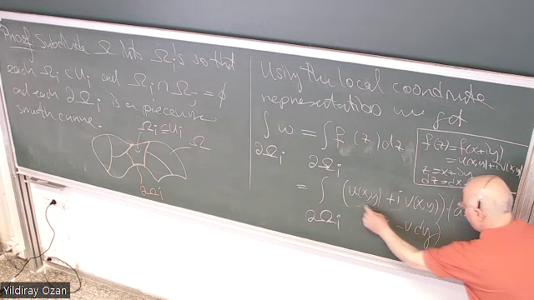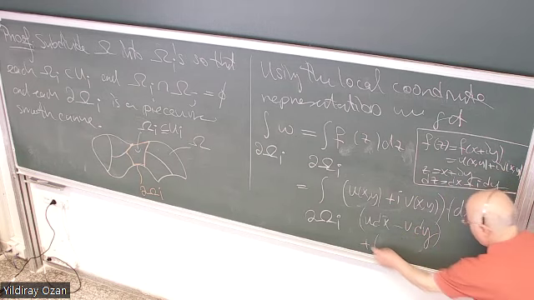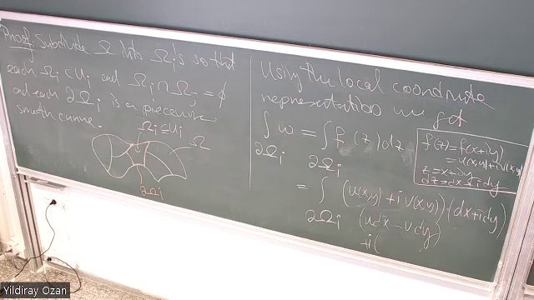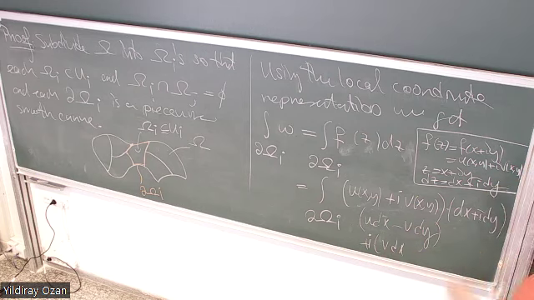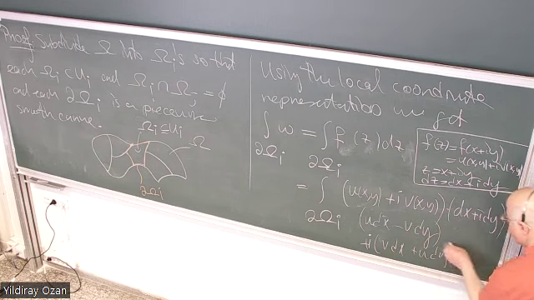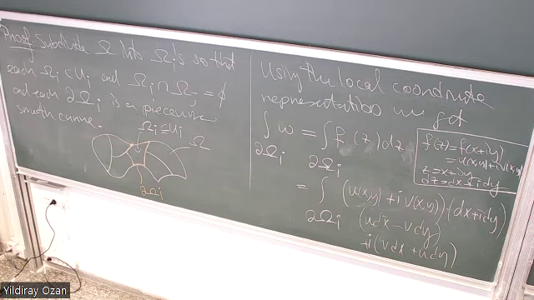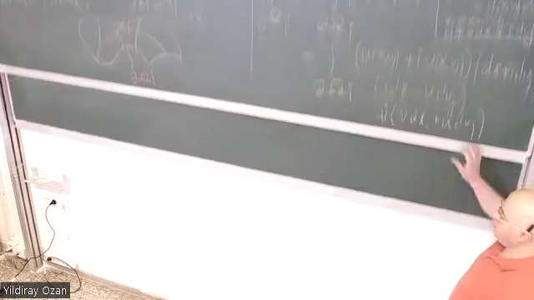And then I have imaginary part, i times, what is that? v dx plus u dy. Okay, real and imaginary parts are like this.